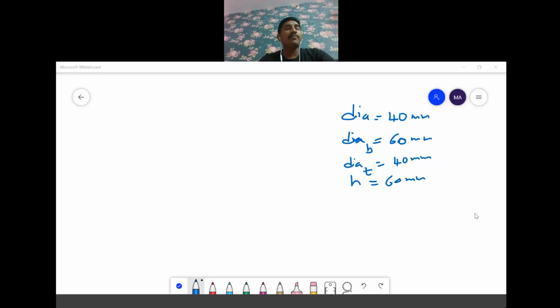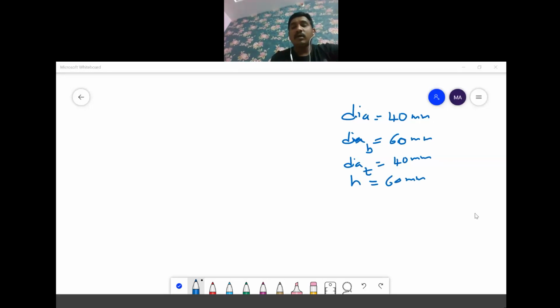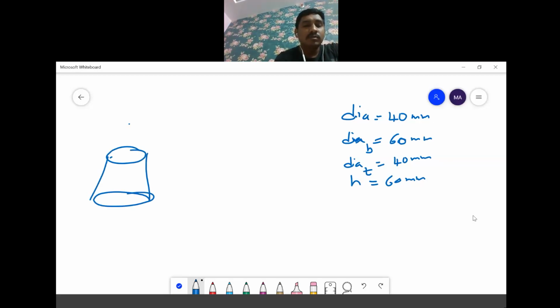Draw the isometric view of the arrangement. I will show you how this diagram will look. He is saying that a sphere is resting on the frustum of a cone. This is the diagram we have to draw in an isometric view.